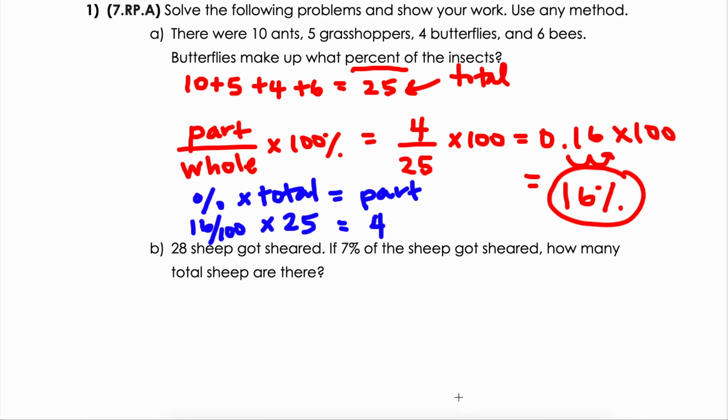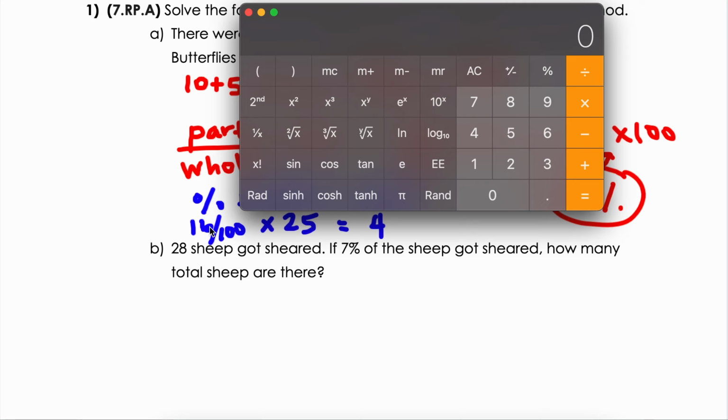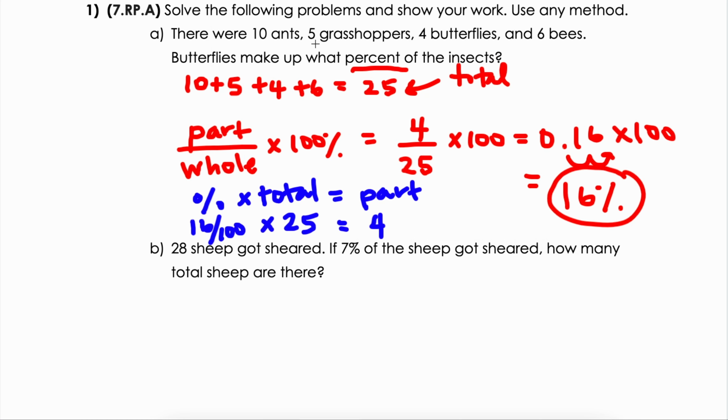Let me put that in my calculator to check. 16 divided by 100, the 16%, 0.16, times my total, times 25, gives me my 4 butterflies.